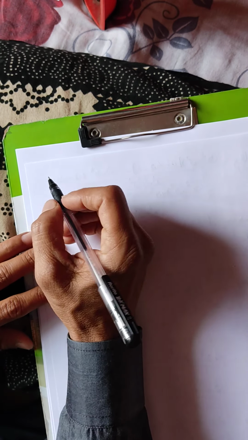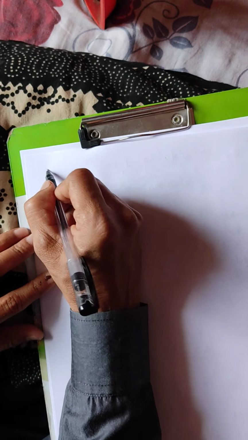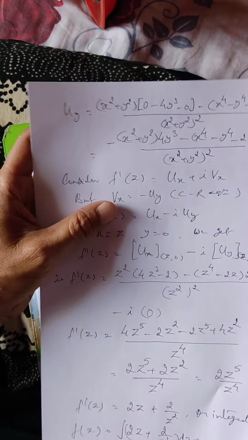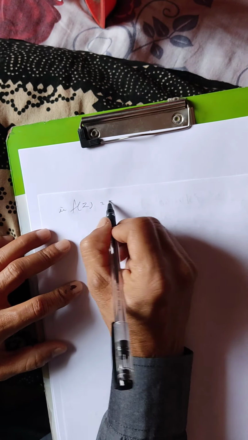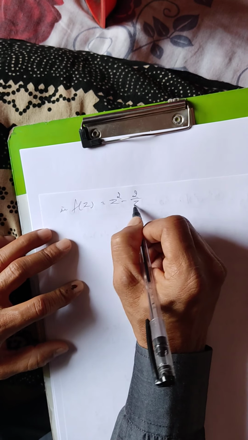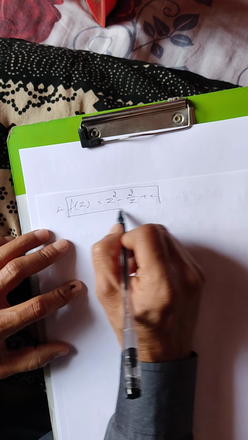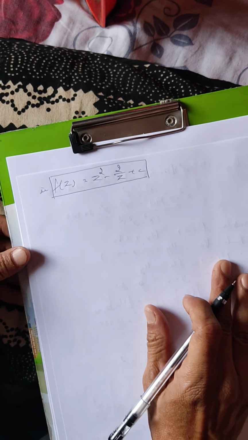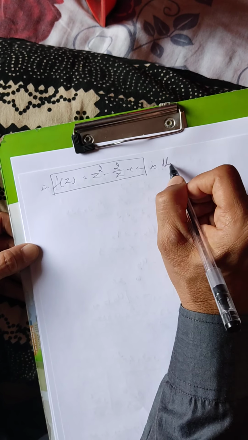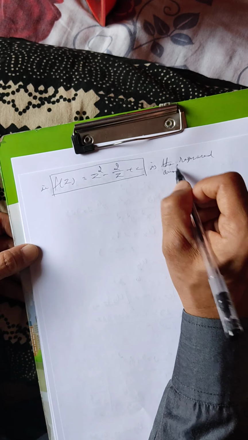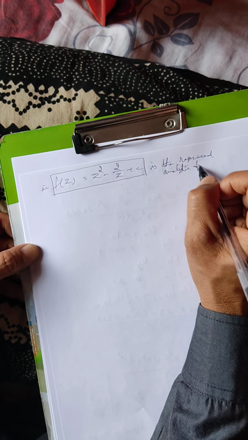That is, f of z is equal to, 2 getting cancelled, z square minus 2 by z plus c, which is the required analytic function.